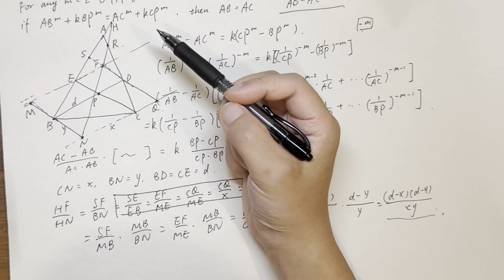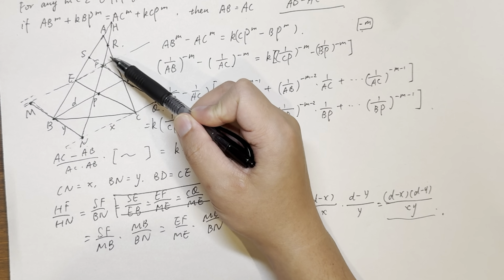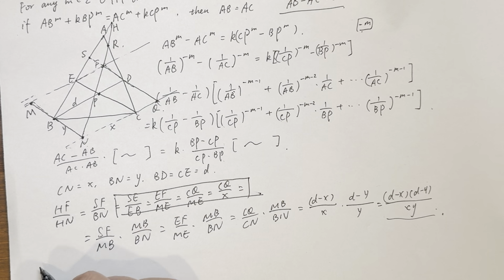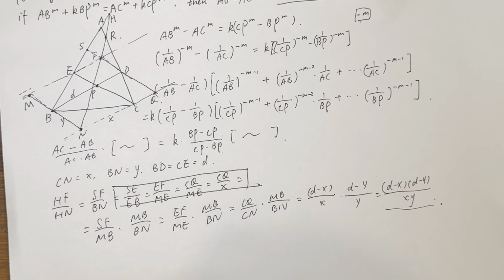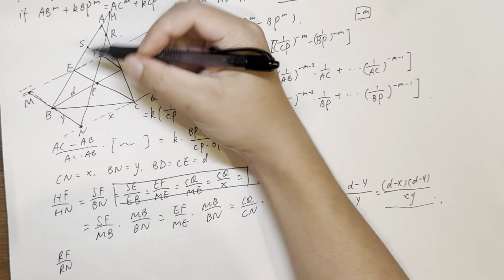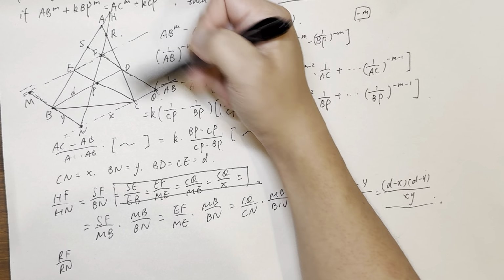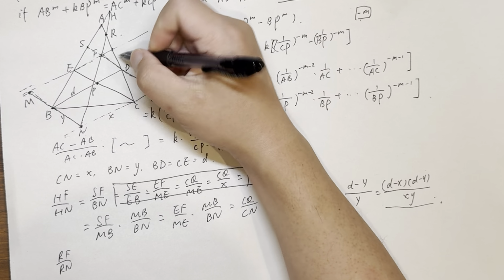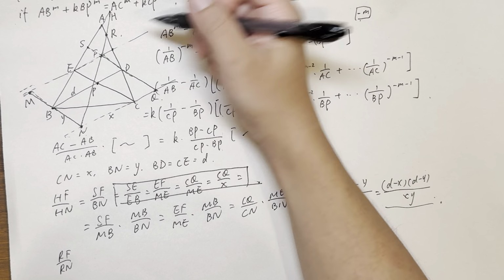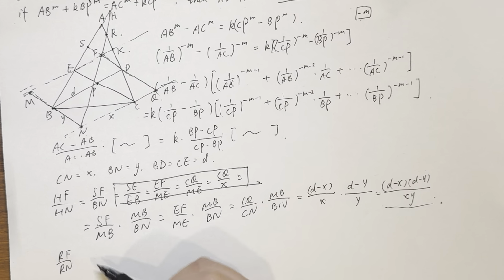Now we want to calculate RF to RN, right? Let me see if I have space here. RF to RN. Let's extend MF to meet AC at a point. Let's call it K. Okay.